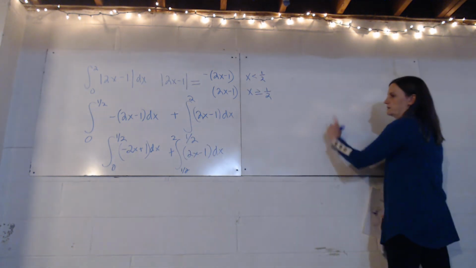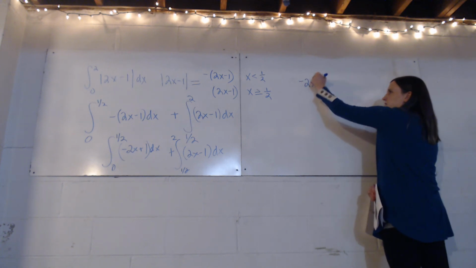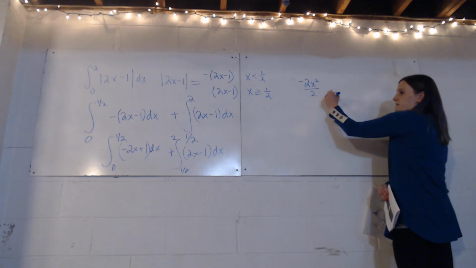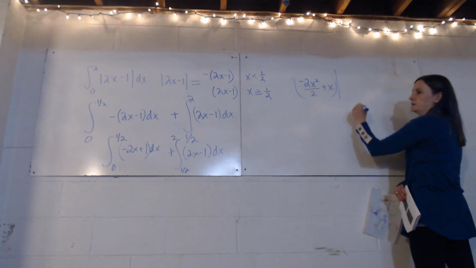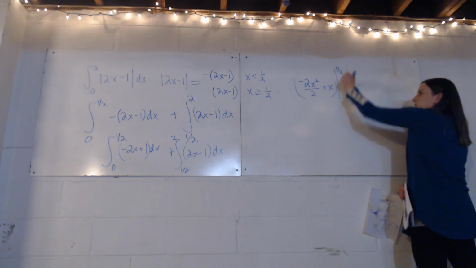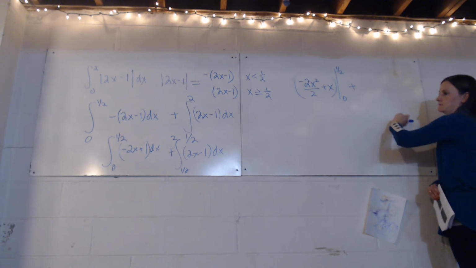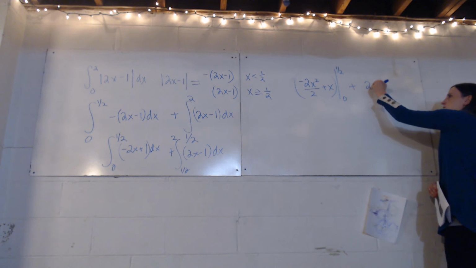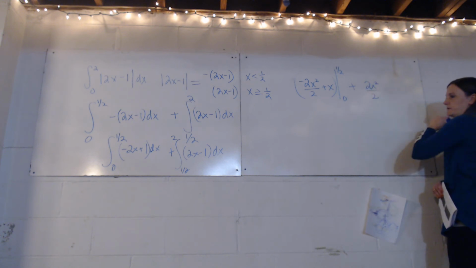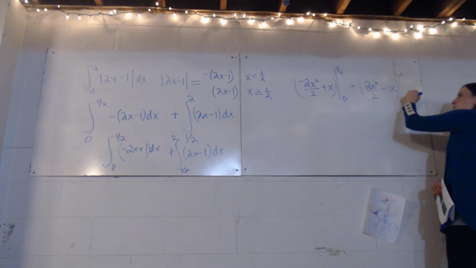If I integrate that, negative 2x becomes negative 2x squared divided by 2, plus 1, which is plus x, and I'm going to evaluate that from 0 up to 1 half. And then I add to that the antiderivative of the second part of the function, which is 2x squared over 2, I divide by the new power, minus x. And I need to evaluate that from 1 half up to 2.